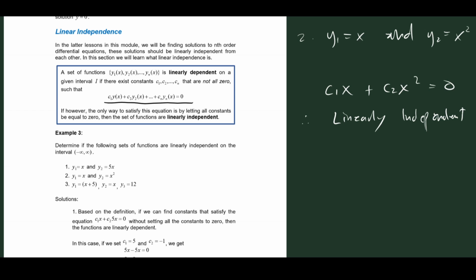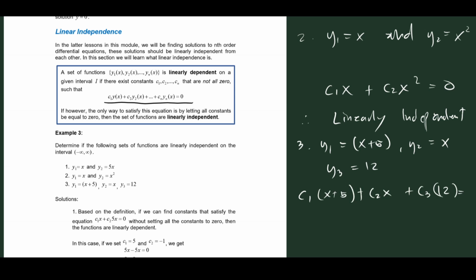Okay, so let's do the third example. y1 is equal to x plus 5, y2 is equal to x, and y3 is equal to 12. Okay, so through observation, can we satisfy this equation? c1 multiplied by (x plus 5) plus c2 x plus c3 times 12 is equal to 0. So can we do that? Okay, so yes, we definitely can, right?